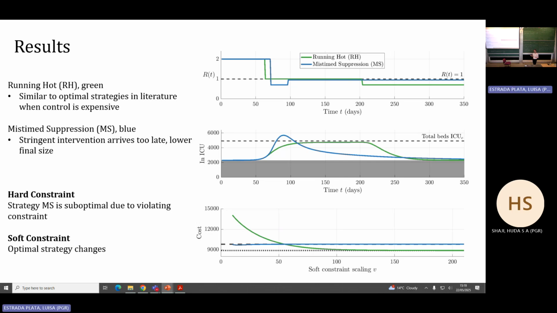So when we compute the costs under the two constraints, under the hard constraint, so a very high V, this strategy is deemed to be worse because it violates the constraint. It takes in that huge penalty for saturated ICU beds.